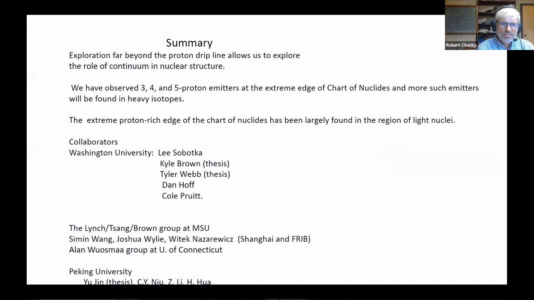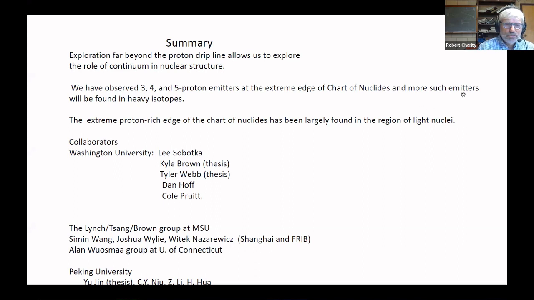So we've been exploring well past the proton drip line, trying to get to the edge. We've seen a lot of interesting things. There's a definite role for continuum and nuclear structure. As you get towards the edge of the drip line, you go to these more exotic cases, which undergo 3, 4, and 5 proton emission.